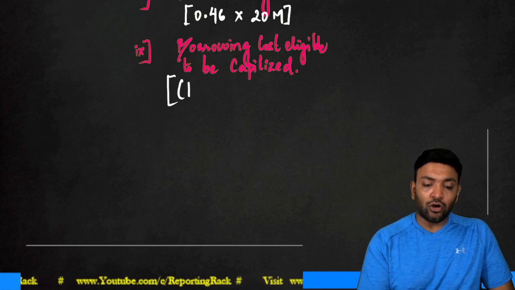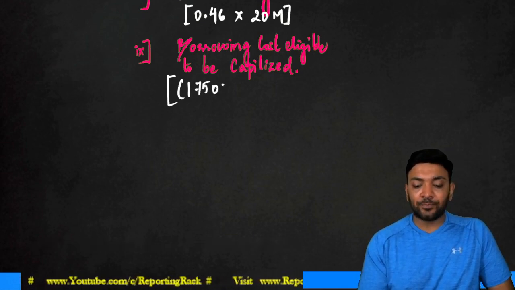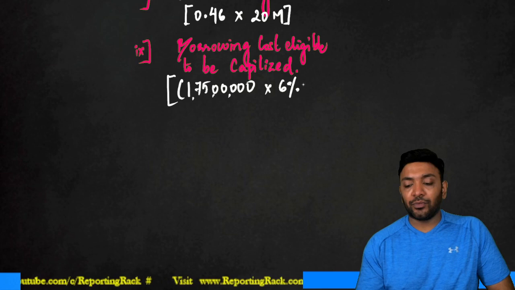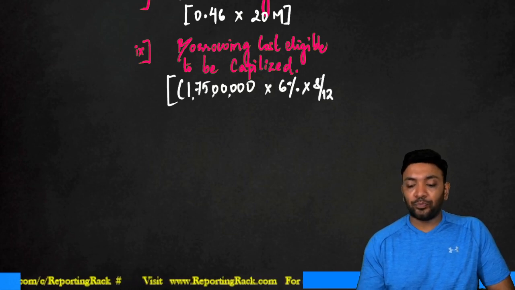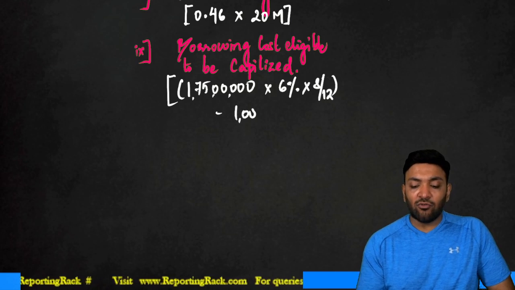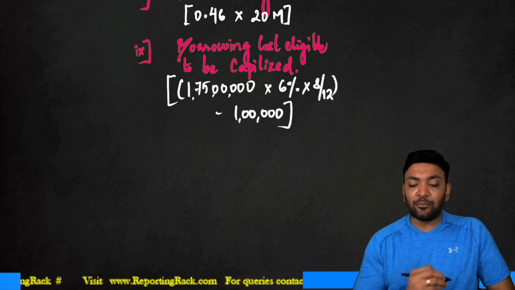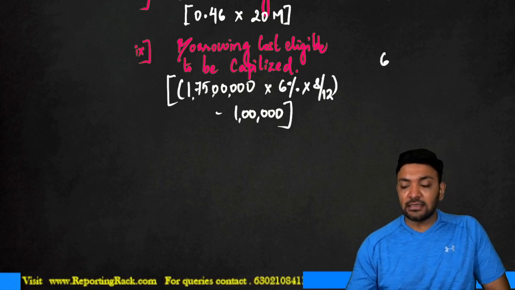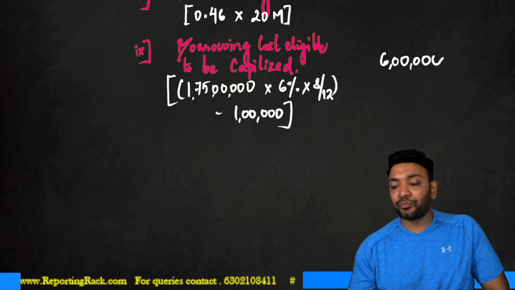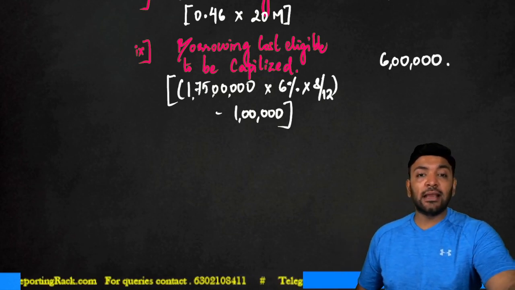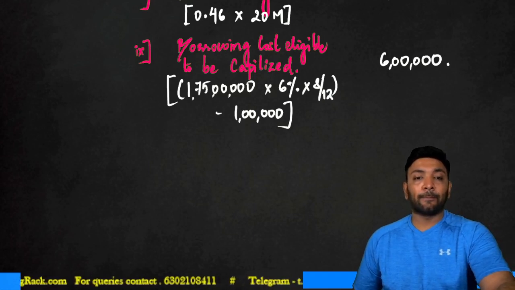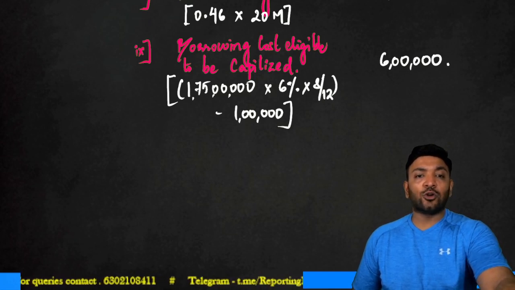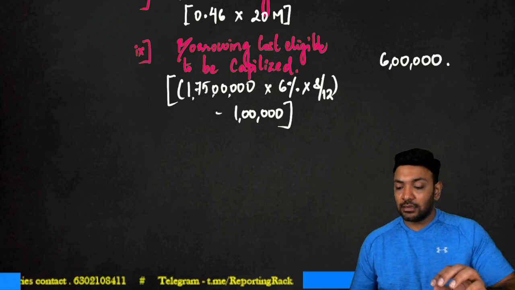So 1 crore 75 lakhs into 6% into 8 by 12, minus 1 lakh being the amount of temporary investment income, and this amount shall be 6 lakhs. That's it. Calculate the total and get the answer. Nothing else.